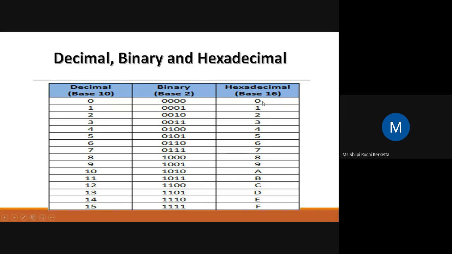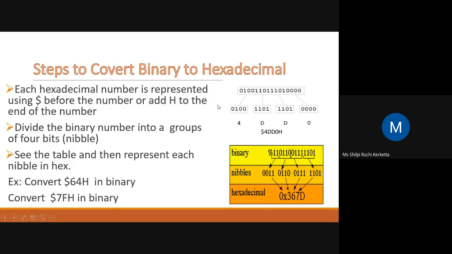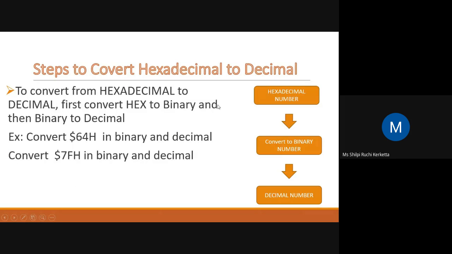There are certain steps for converting hexadecimal to decimal. First, you convert the hexadecimal to a binary number. Then from the binary number, you do 2 to the power 0, 2 to the power 1, 2 to the power 2, like that, and you convert it to a decimal number.